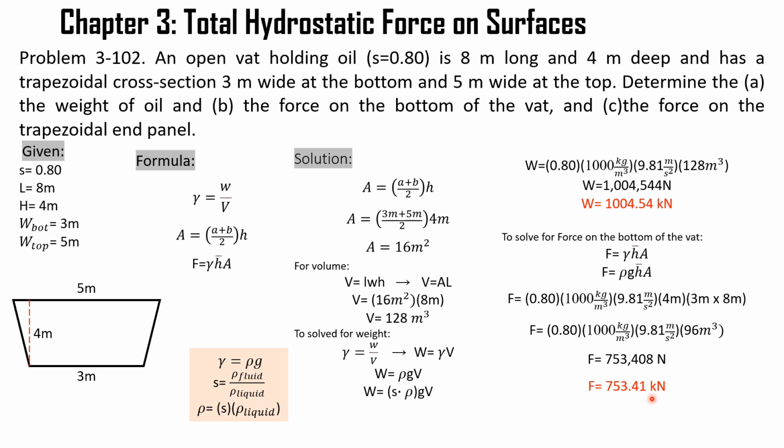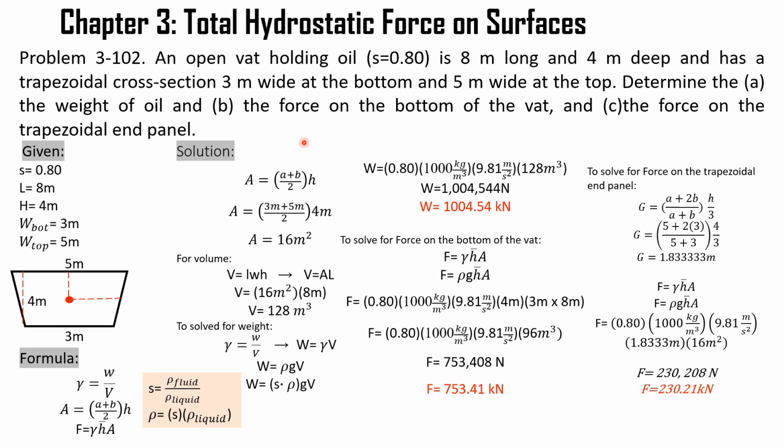So let's proceed in solving the force on the trapezoidal end panel. For the force on the trapezoidal end panel, let's set G as the depth of the centroid, which is found here. The formula of the depth of the centroid is equal to A plus 2B all over A plus B times height over 3.